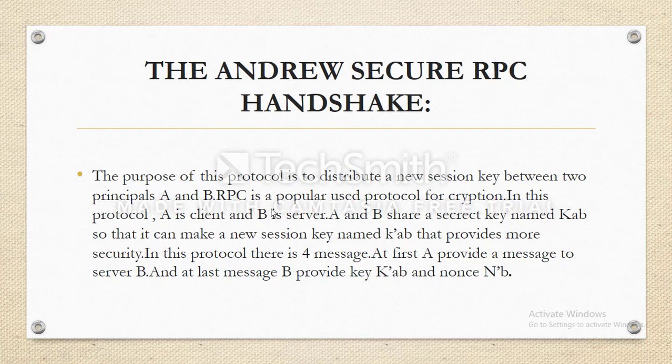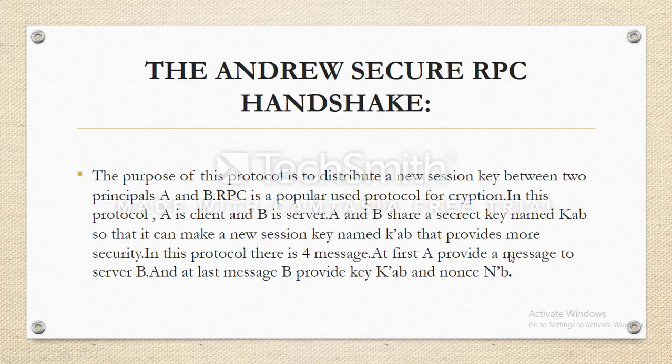So the purpose of this protocol is to distribute a new session key between two principals named A and B. The goal of the RPC system is to create a new session key. In RPC, A is the client and B is the server.